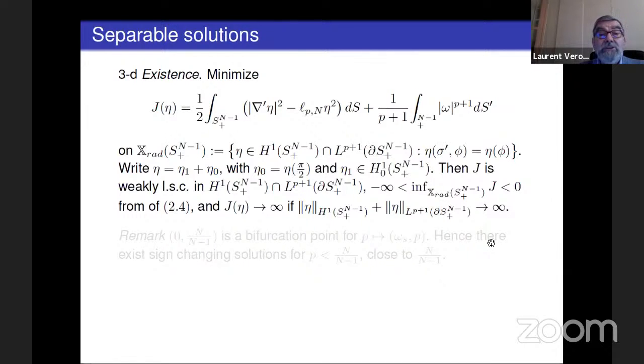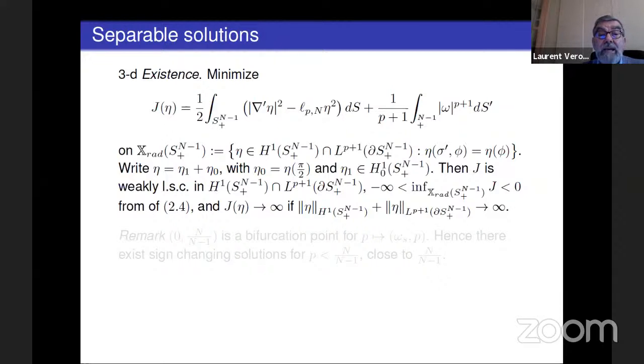I minimize this functional over the space of radial solutions, that means only depending on the angle phi, which belongs to H1 of S n minus 1 plus, intersected with L p plus 1 of the boundary, the relative boundary. Okay, and now satisfying the boundary condition omega of sigma. This function depends only on phi.